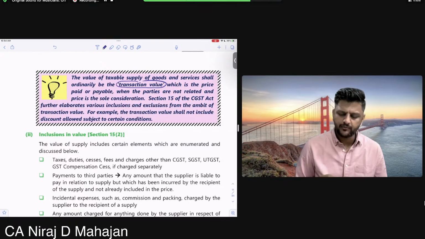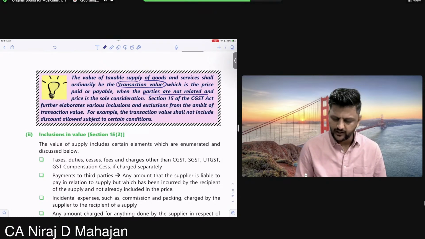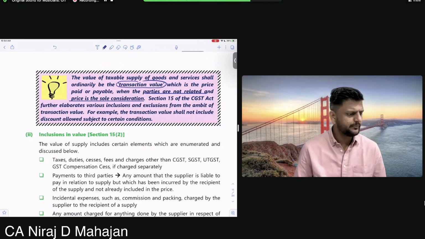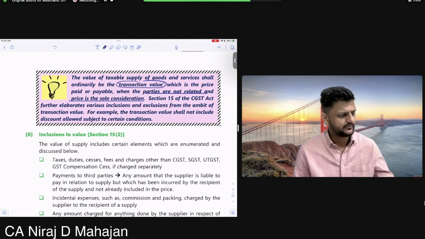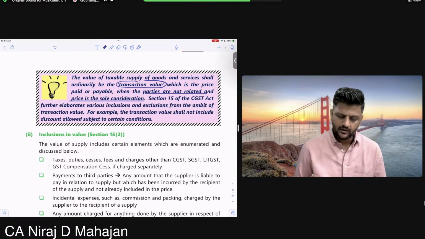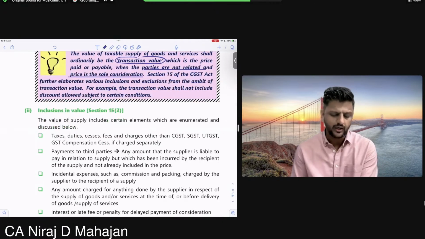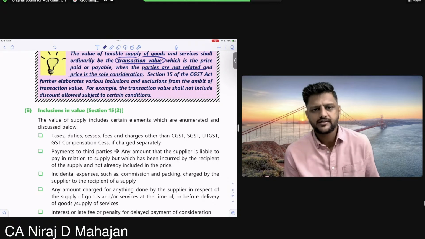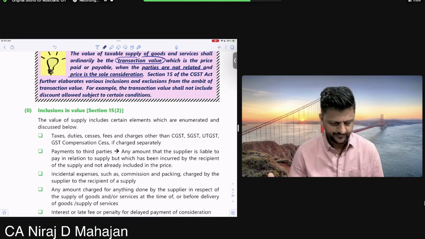When the price is paid or payable, when the parties are not related and the price is the only consideration. That means nothing else you are getting in exchange. You're getting only the price. Okay? For example, transaction value shall not include discount allowed subject to certain conditions. Don't get unnecessarily confused in the examples. We'll do the examples properly.